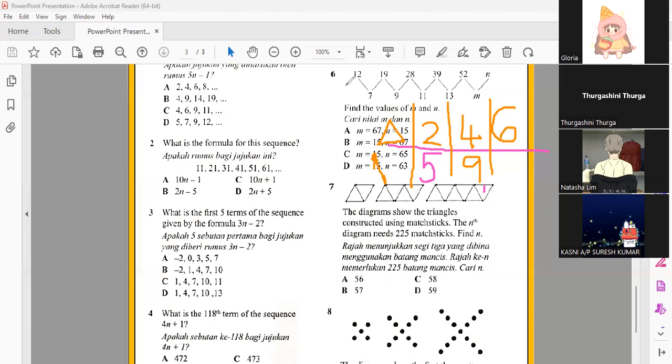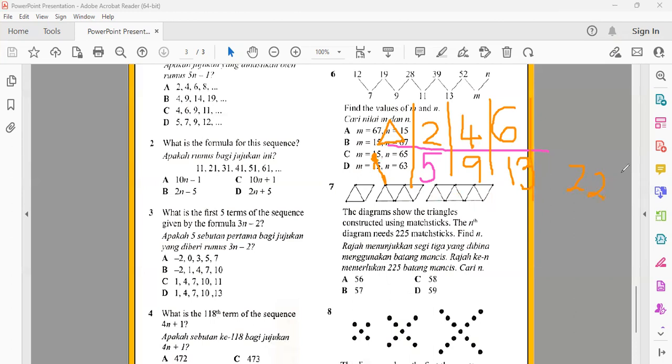And how many matchsticks were used? 1, 2, 3, 4, 5, 6, 7, 8, 9, 10, 11, 12, and 13. That's it. This is your table of pattern.